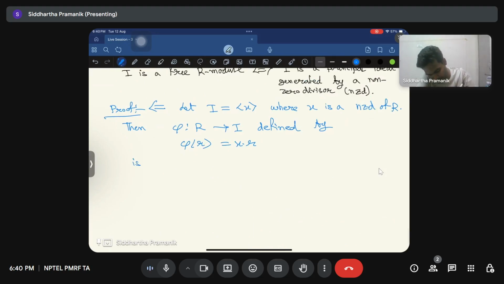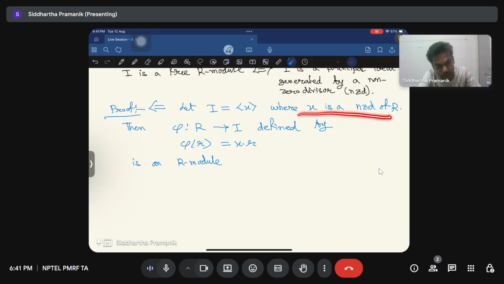One can check that this is an R module isomorphism. So that is easy to prove by using the condition that X is a non-zero divisor. So it is very simple. So let's check this. That is for you.